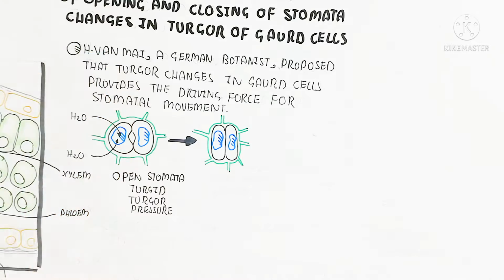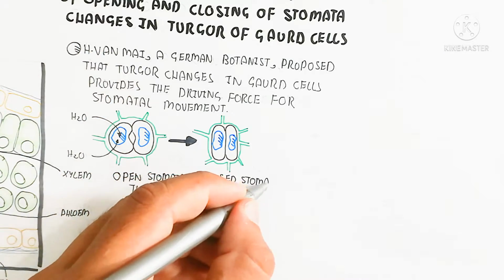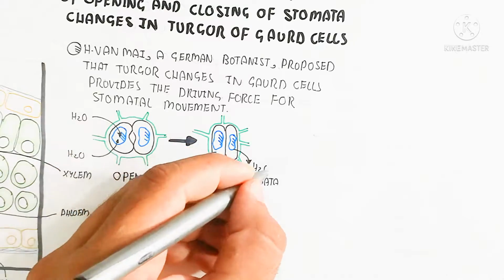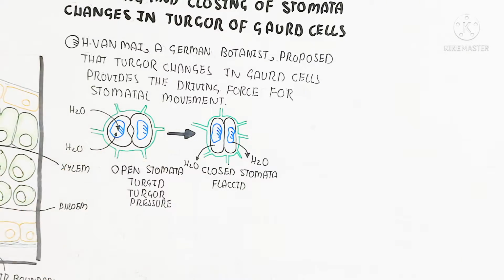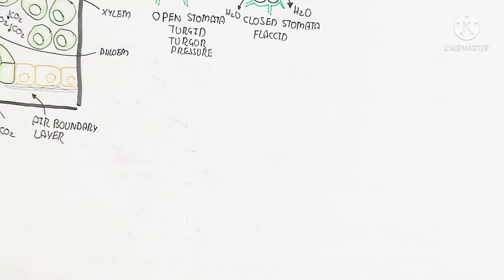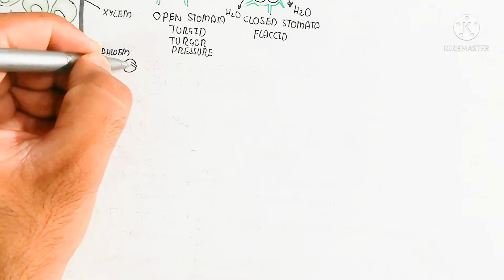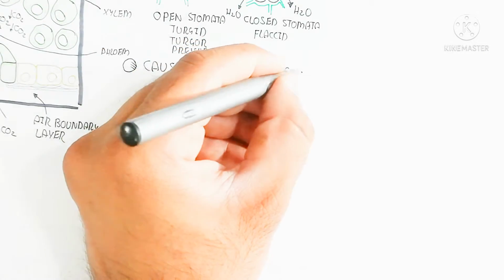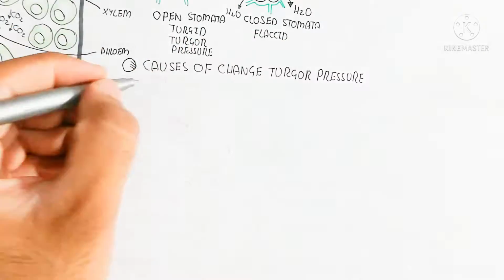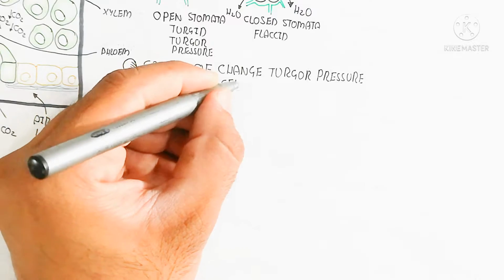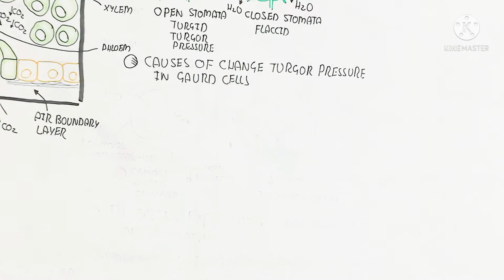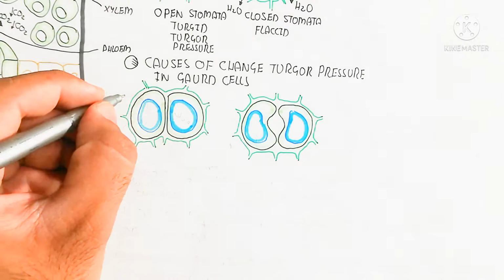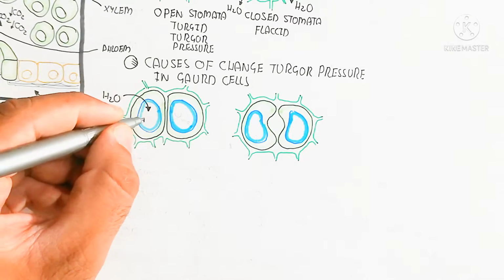Here is the closed stomata, due to loss of water, known as the flaccid stomata during the night time. This is basically the loss of turgor pressure. Let's begin to understand the causes of change in turgor pressure in the guard cell. This is the open and closed stomata due to guard cell activity.